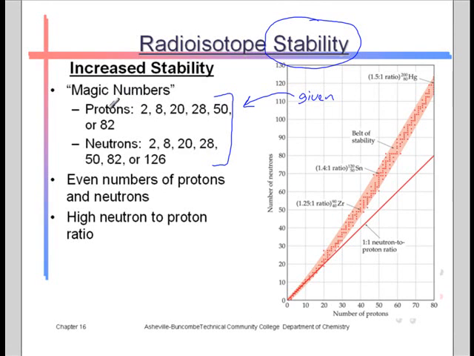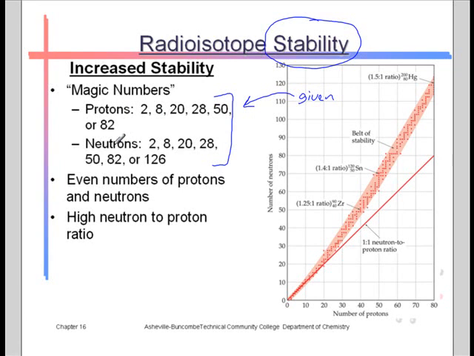If a particular isotope has a proton count of 2, 8, 20, any of these numbers, it tends to be more stable. I'm not a nuclear chemist, but I can only imagine that there are definitely exceptions to all of these rules, so keep that in mind. But there does tend to be a trend: these numbers tend to lend themselves to stability.